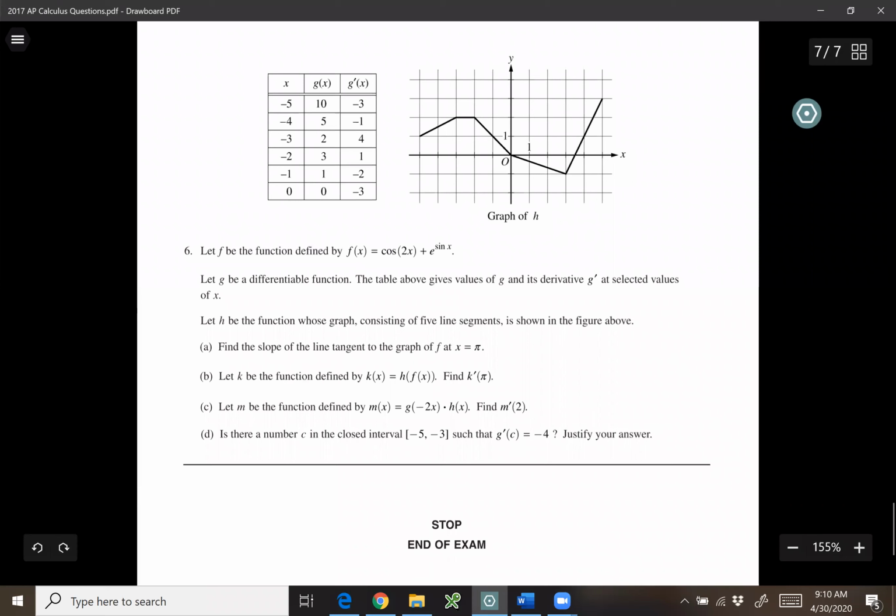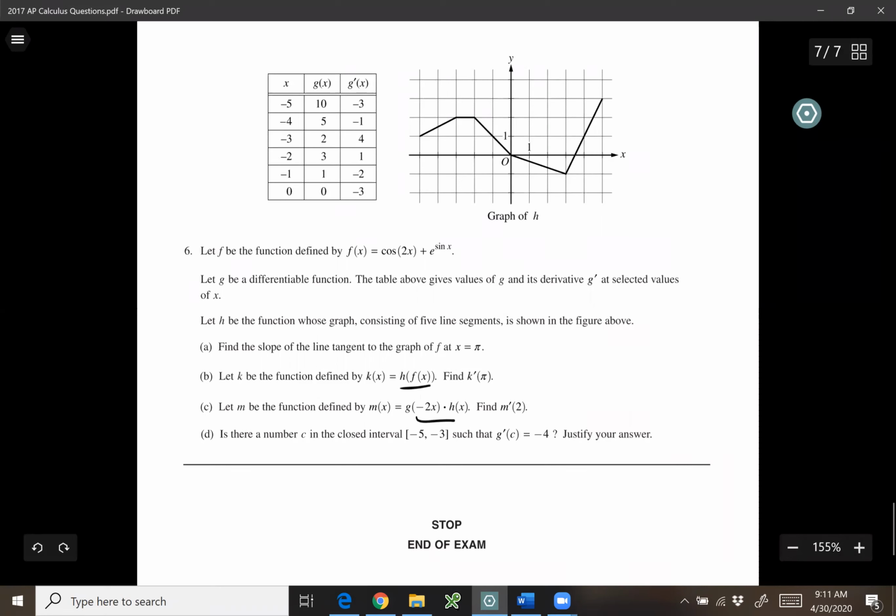And number 6 was let this function be defined by cosine of 2x plus e to the sine x. This one is a little bit interesting because it kind of falls in that other category. If we look at it, this is like taking a derivative. That is chain rule.